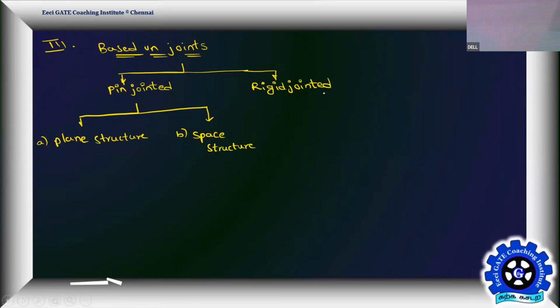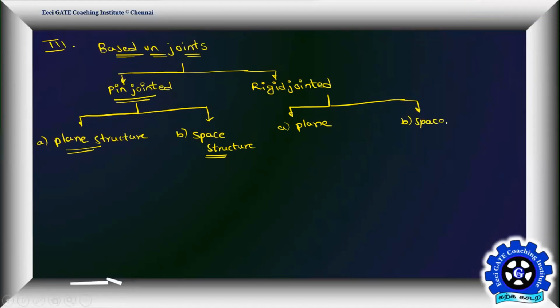So rigid joints, how many types are there? Similarly, can you please tell me? Rigid jointed structures are also how many types? Same as before. Listen, pin joint is divided into two: plane structures and space structures. Similar to that, rigid joints can be plane or space.